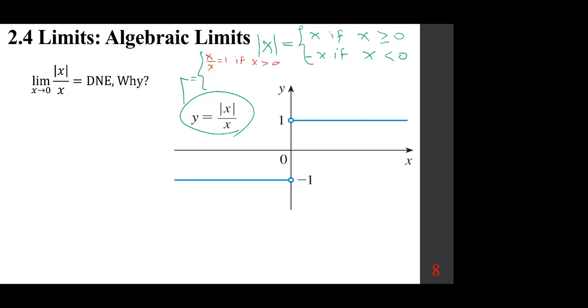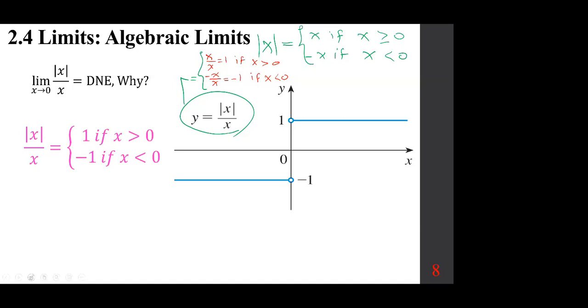I'm not going to write equal because the denominator is x, and it will be minus x over x, or minus 1 if x is less than 0, and therefore we have the graph. So absolute value of x over x equals 1 if x is larger than 0, and -1 if x is less than 0.